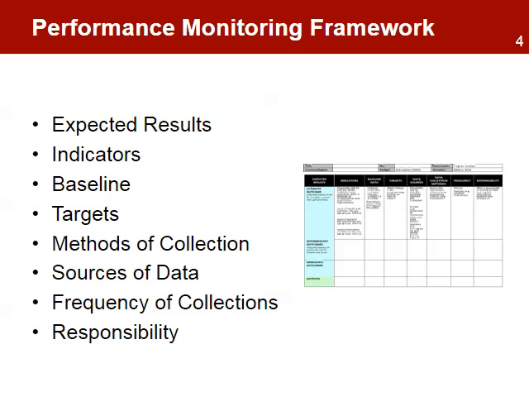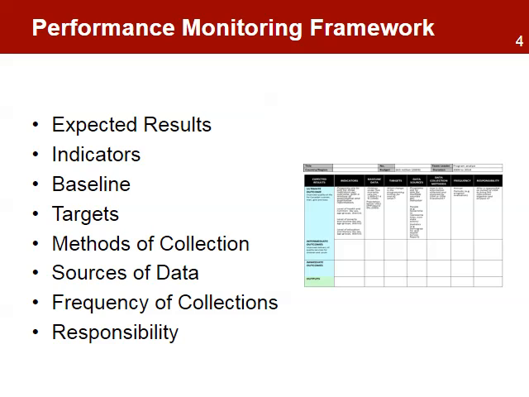The performance monitoring framework is a results-based management tool used to systematically plan the collection of relevant information for monitoring, learning, and reporting. The framework is based on information from the log frame matrix, and it's a useful tool to track the achievement of results. A good performance monitoring framework usually contains 8 columns.